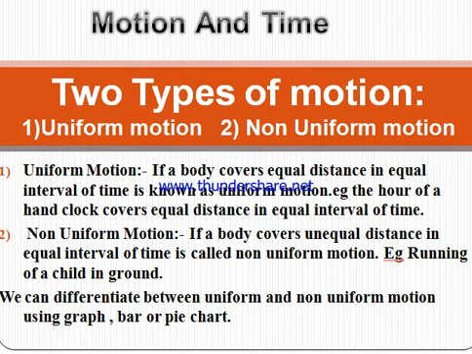More tired, then he stops running. Then we can say that the child is covering unequal distance in equal intervals of time, called non-uniform motion.